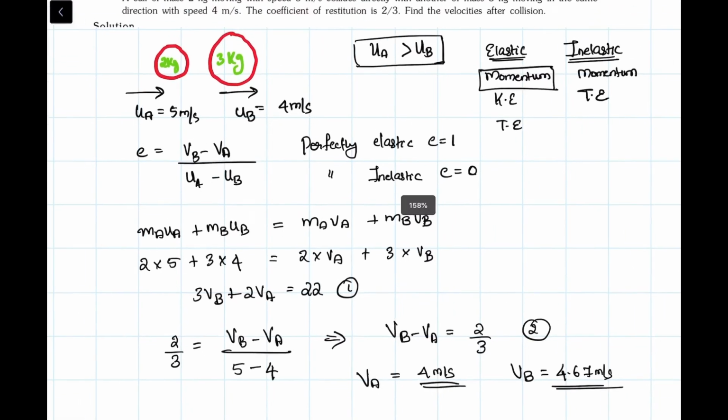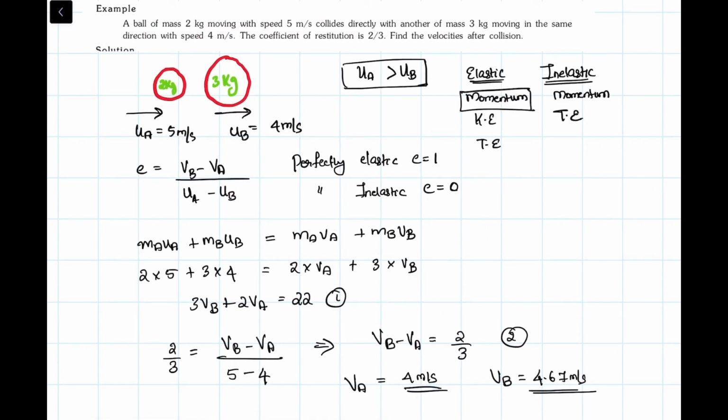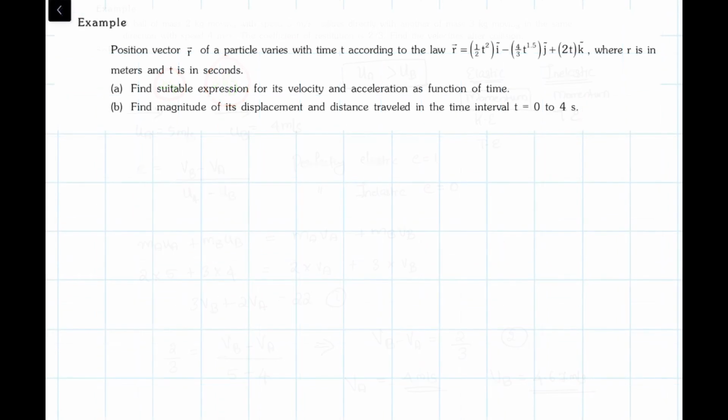In this question, you might already have heard about the coefficient of restitution, but this term is very important for problems regarding collisions. Okay, in this next question, the position vector r of a particle varies with time t according to the law r equal to half t square i minus 4 by 3 t raised to 1.5 j plus 2t k, where r is in meters and t is in seconds.